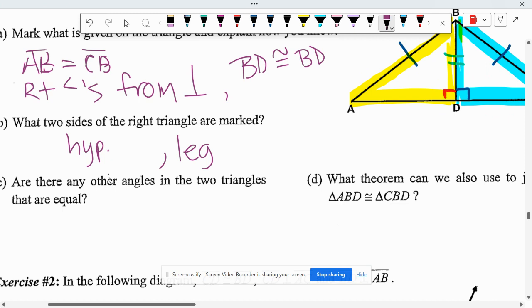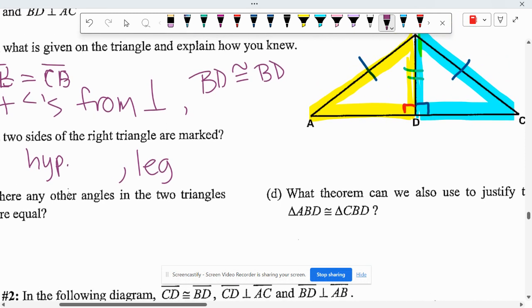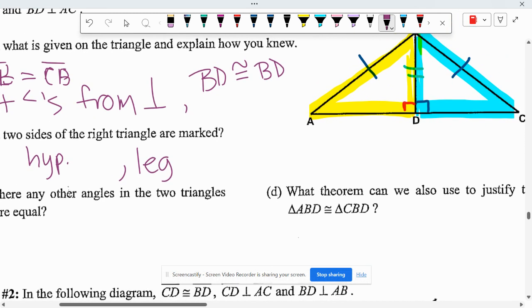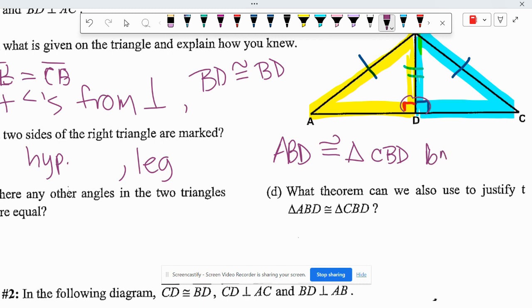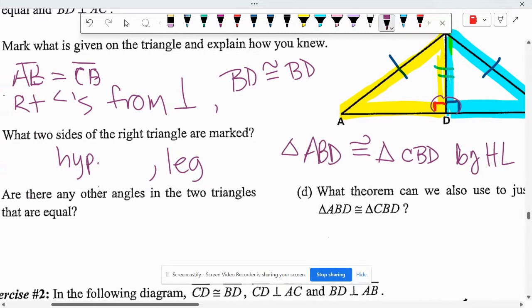Are there any other angles in the two triangles that are equal? We know that triangle ABD is congruent to triangle CBD by hypotenuse leg. We know that because we just said that works. What other angles though are congruent?